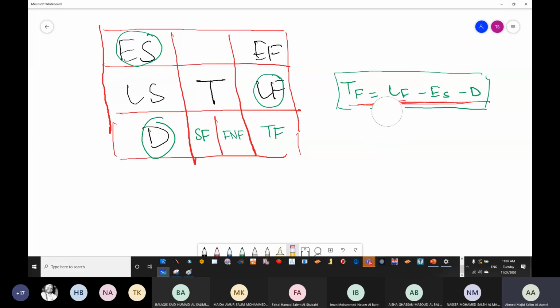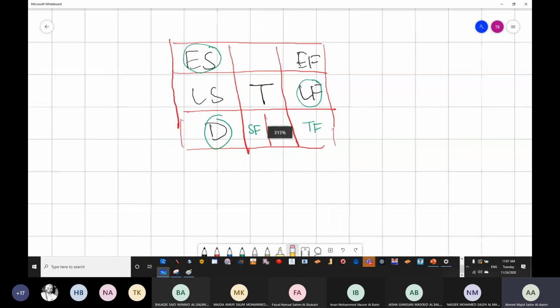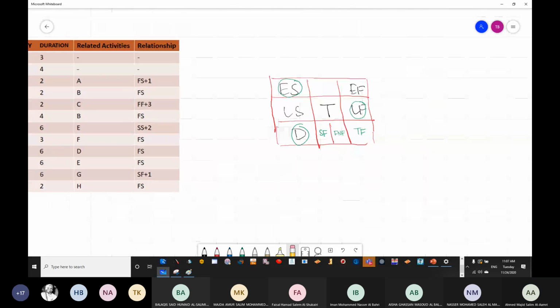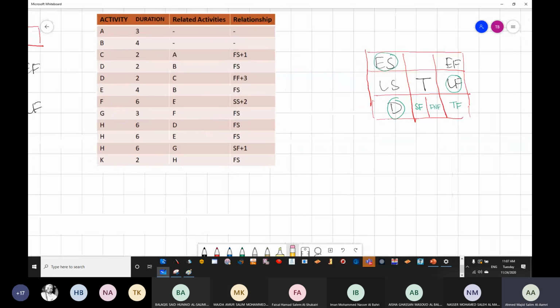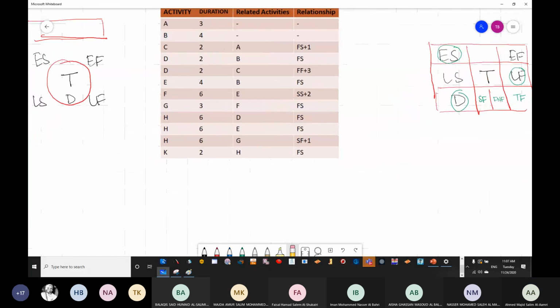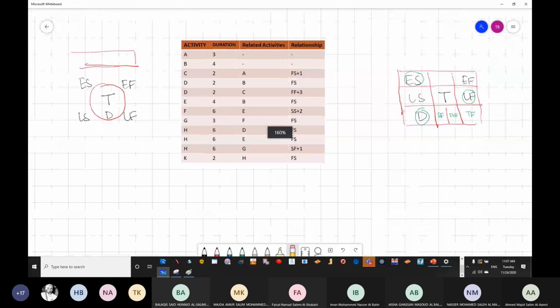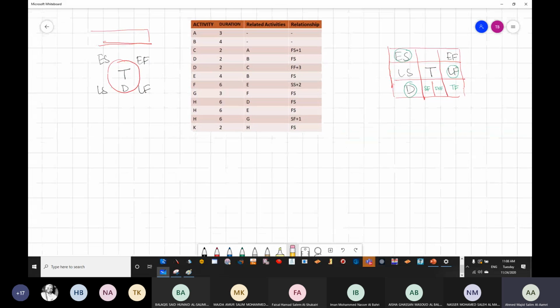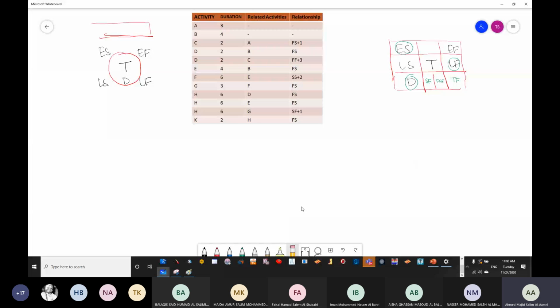Now we are going to try to draw the PDM. We will not do the calculation yet, we'll try to draw first. Let me zoom out because it requires a lot of space. Now you can see A and B are starting from where?